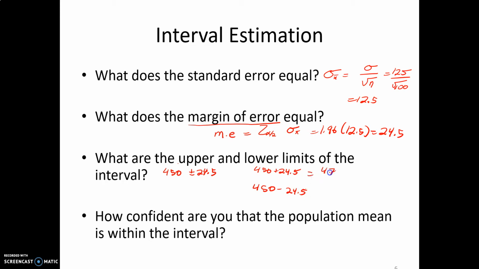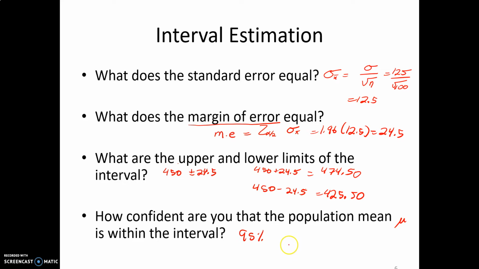So this would be 474.5, and this would be 425.5. How confident are you that the population mean, this symbol, is within this interval? We are 95% confident.